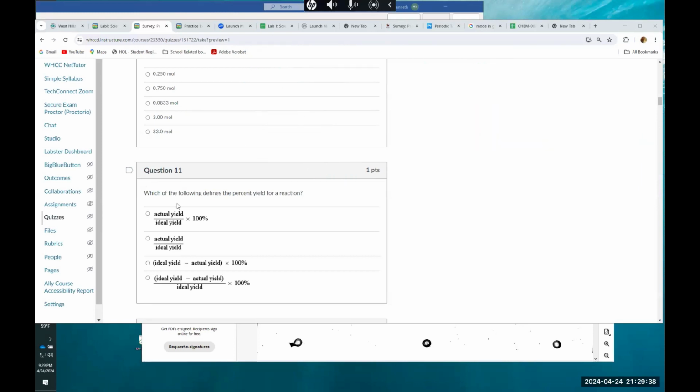Which of the following defines the percent yield for a reaction? I think I remember this. It's actual yield over ideal yield times 100%. That's right.